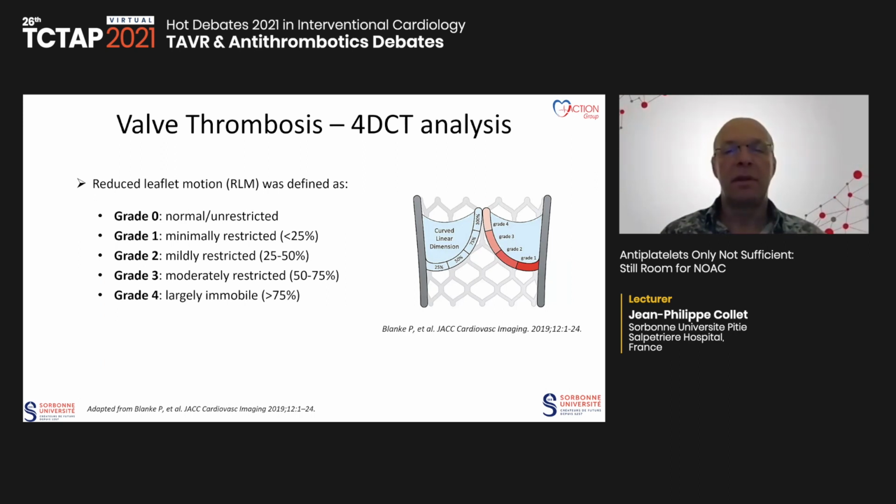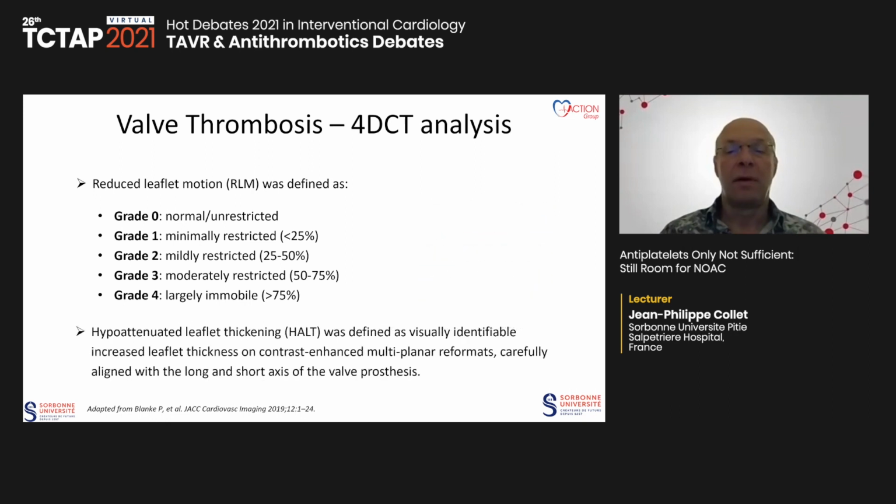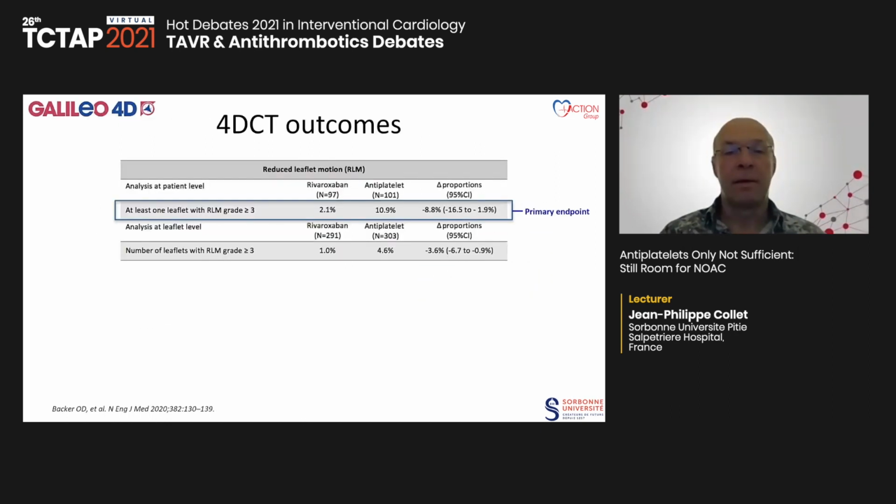If you look at the incidence of valve thrombosis, and especially reduced leaflet motion grade 3 or 4, which is indicated on this slide, we have the very nice data from GALILEO-4D CT showing an 8.8 absolute percentage difference in the occurrence of reduced leaflet motion grade 3 or more when comparing rivaroxaban versus antiplatelet therapy.